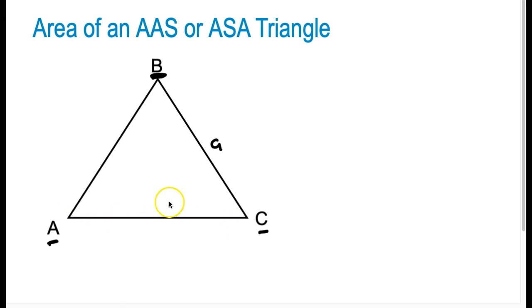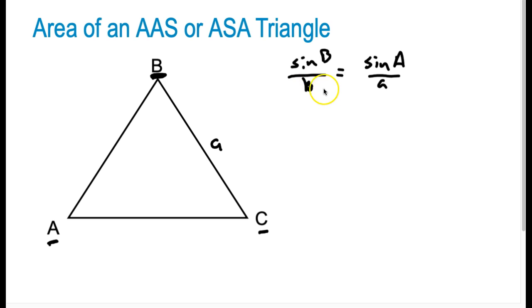To do that, we can first find another side of this triangle, using the law of sines. Since I know all three angles, let's say we want to find side B. Sine of B over B is equal to, since I know both angle A and side A, I will use that. Now we want to solve for B, that's my unknown.